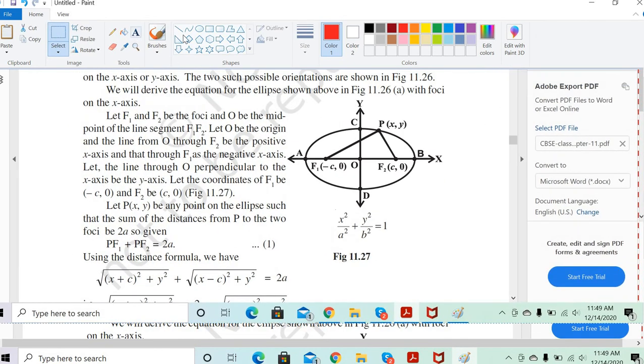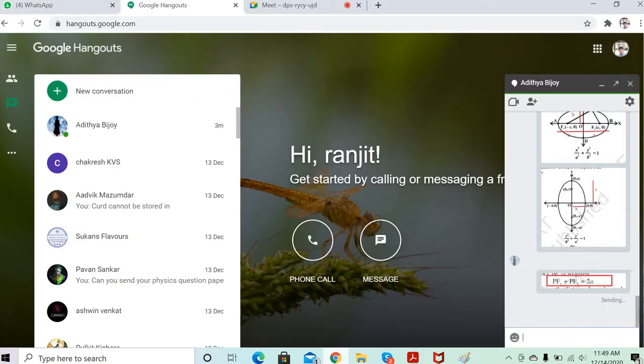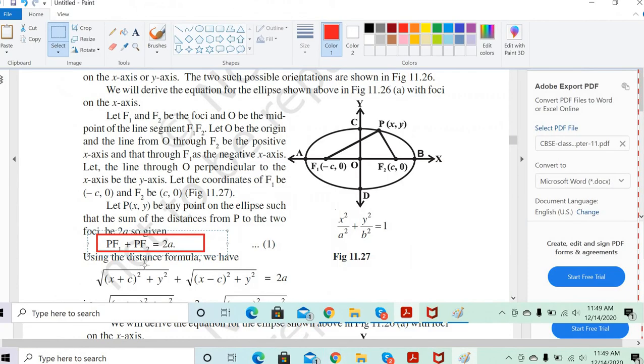So PF1 plus PF2 should be equal to 2a. This is the condition for us, right?